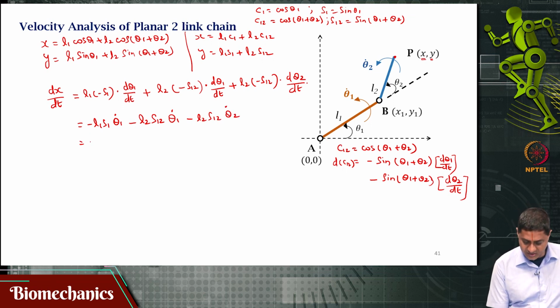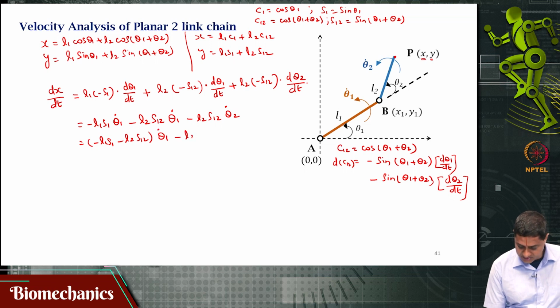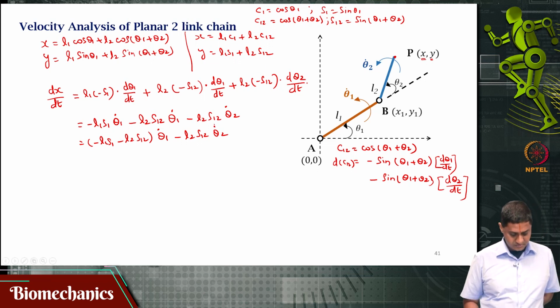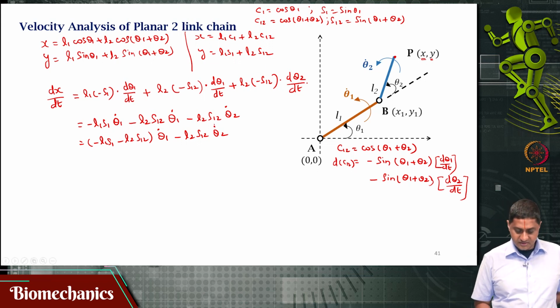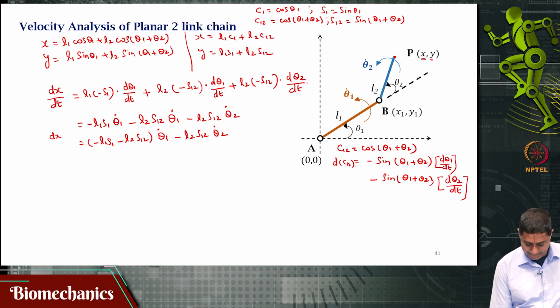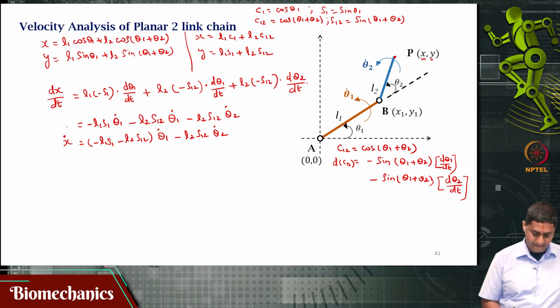Because theta 1 dot is common, I am saying minus L1 S1 minus L2 S12 times theta 1 dot, minus L2 S12 times theta 2 dot. This is dx by dt, or rather x dot.